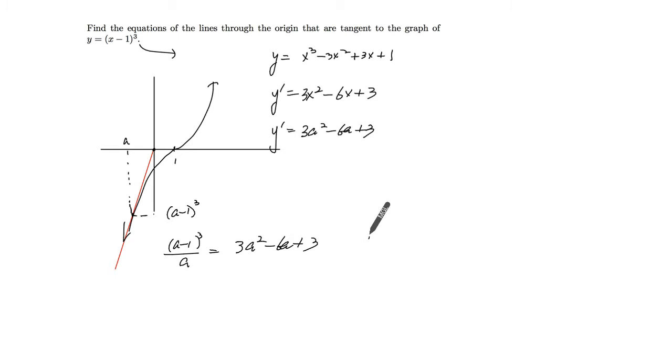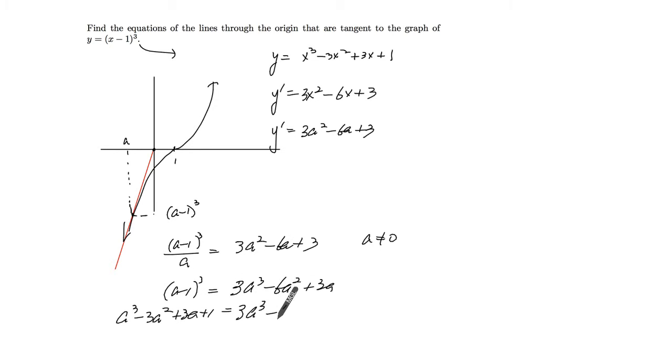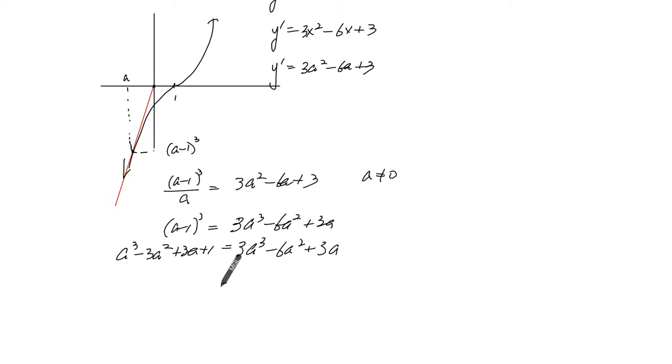Okay, so keeping in mind that a cannot be 0, let's cross multiply, or multiply both sides by a. So this, we already expanded up here. Let's collect these two, and you get 2a cubed.